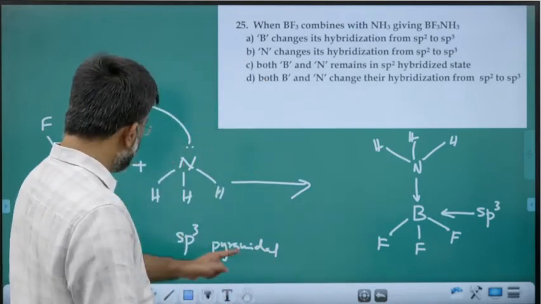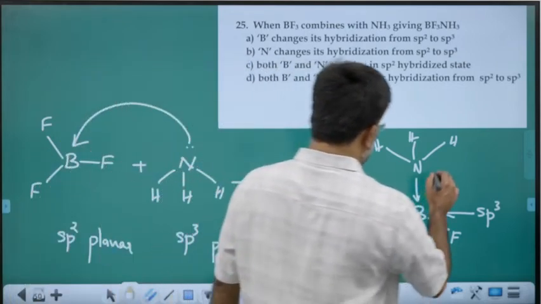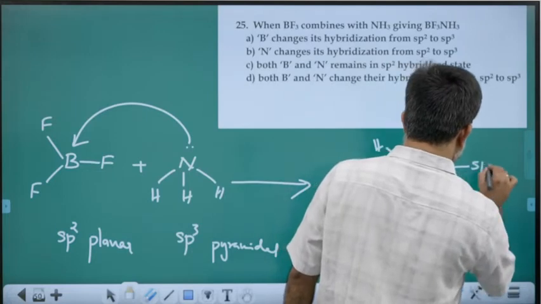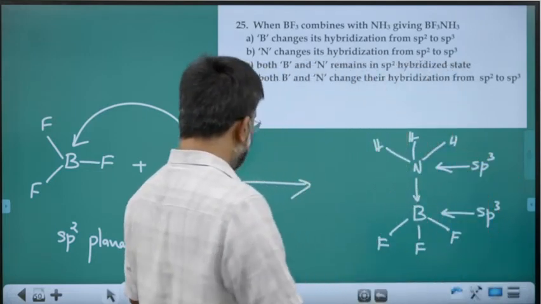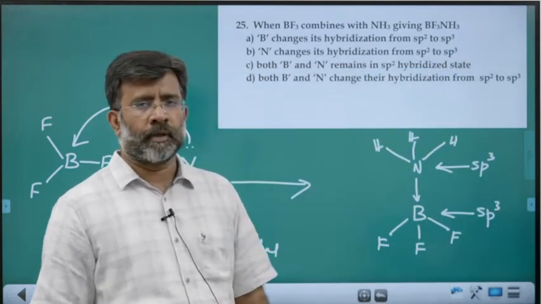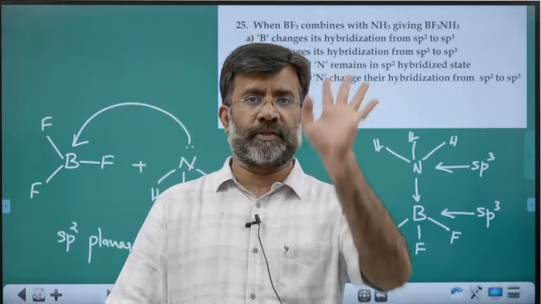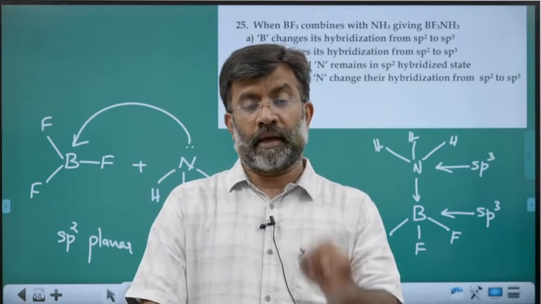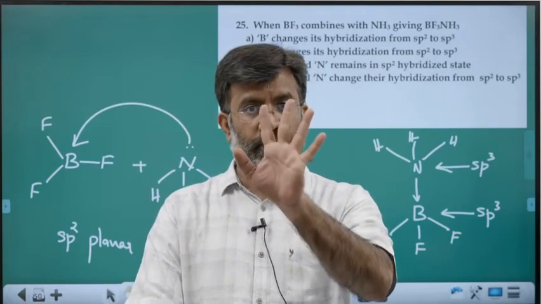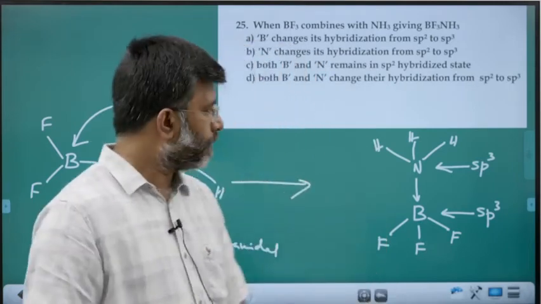The sp3 pyramidal nitrogen has no change in hybridization, it is sp3, but it is pyramidal becoming tetrahedral. So the hybridization and shape of boron change, while the hybridization of nitrogen does not change, but the shape changes.